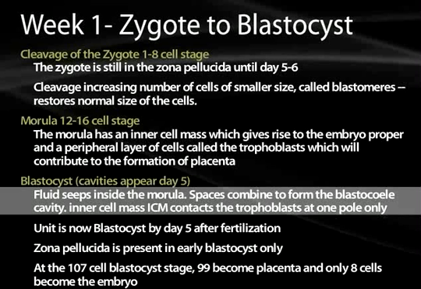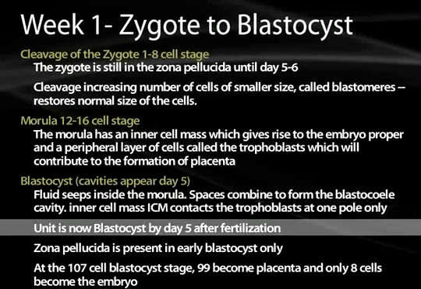And the inner cell mass will then start to contact one pole of the trophoblasts. That will become the embryonic pole. And it's that embryonic pole that they'll be talking about for the implantation phases in some of the questions that you could be asked during your step 1 preparation.